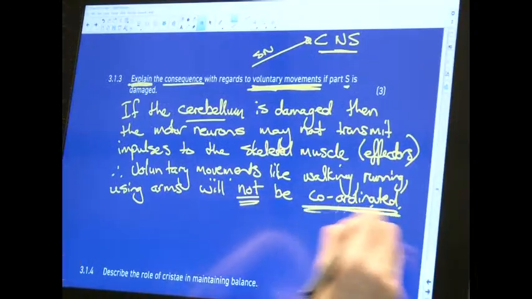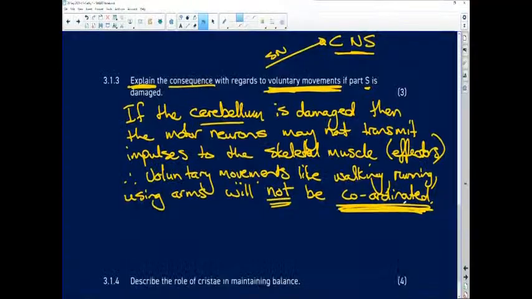If the cerebellum is damaged, there is no coordinated muscle movement or coordination of muscle tone. And that is what they are looking for here. This is the most important word here. Whatever voluntary movements you are doing will not be coordinated.